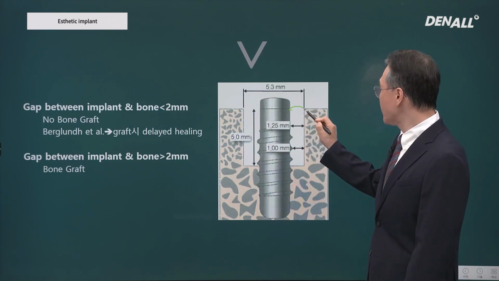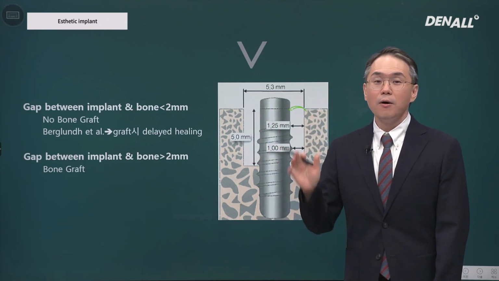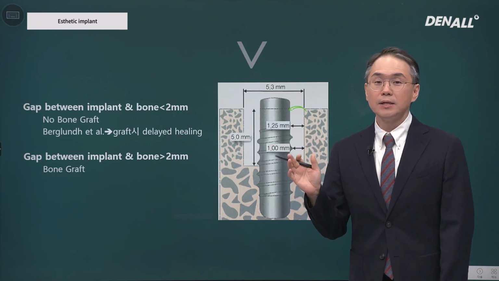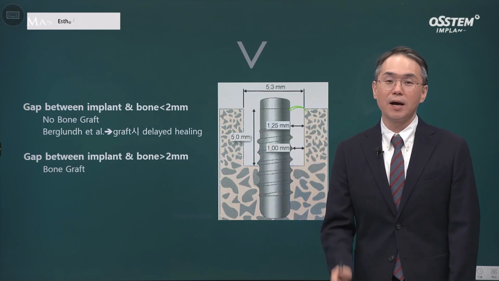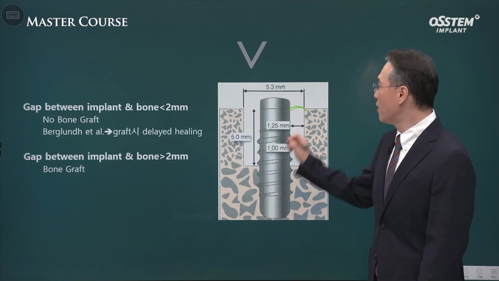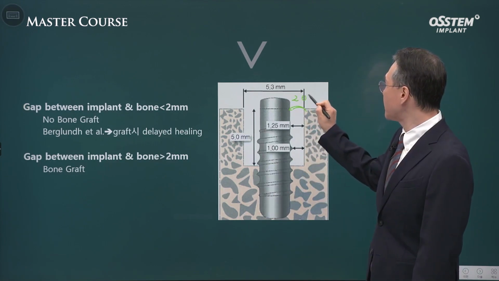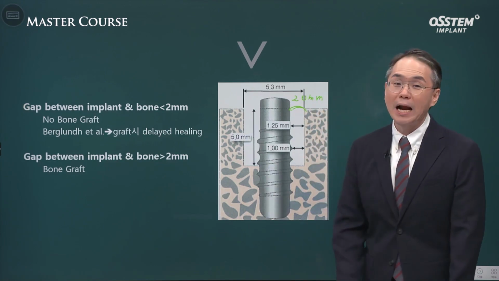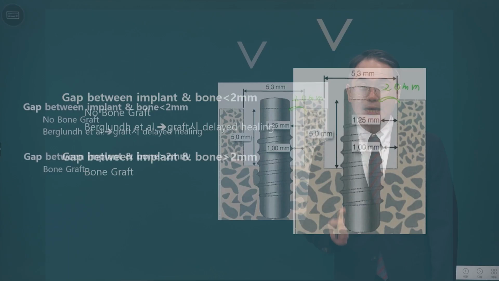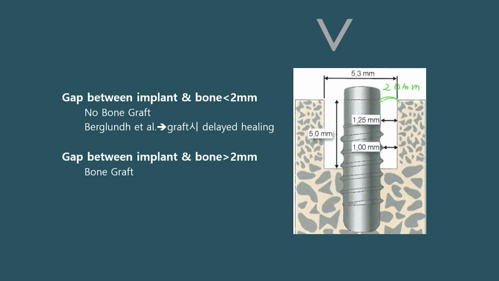On this model, depending on the gap, up to how much natural fill occurs without bone graft was observed. It is known to be 2.0 millimeters. It may differ depending on implant surface, but as for SLA, it is known to be 2.0 millimeters. When we do immediate implant placement, if the gap is bigger than 2.0 millimeters, then grafting is recommended. If it is smaller, then you don't need to do bone grafting.